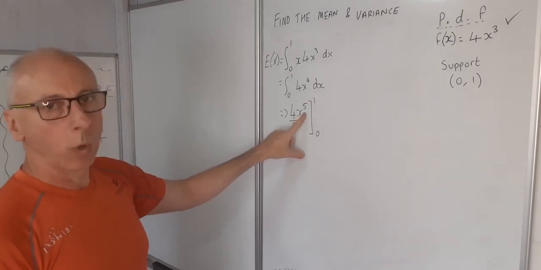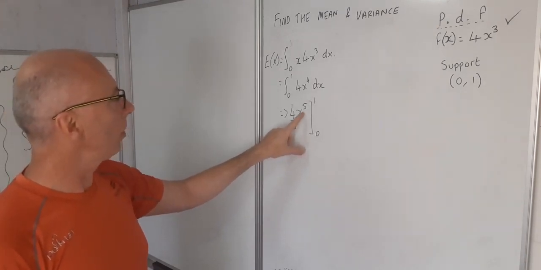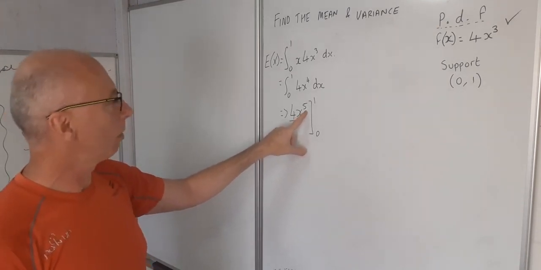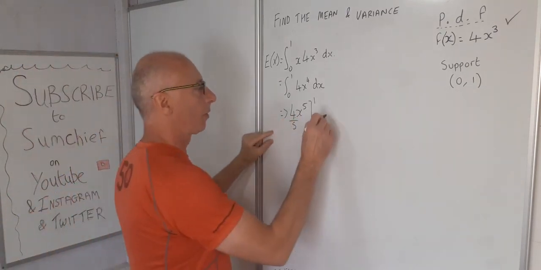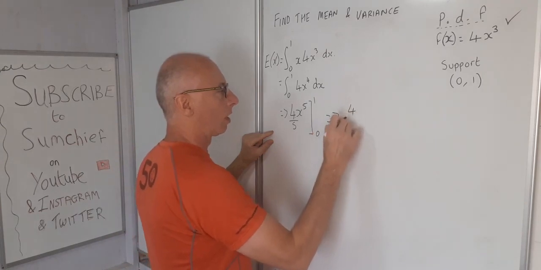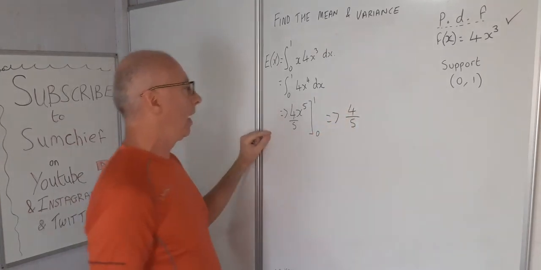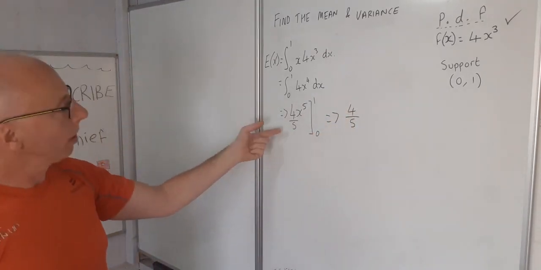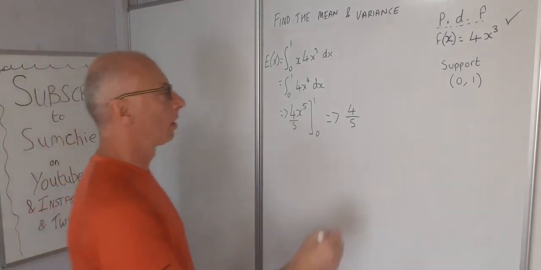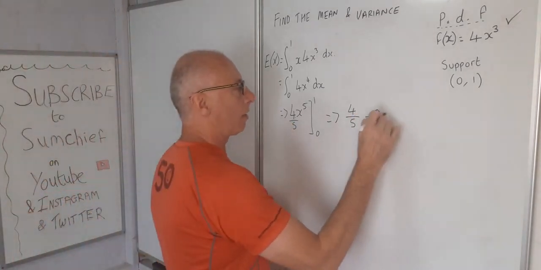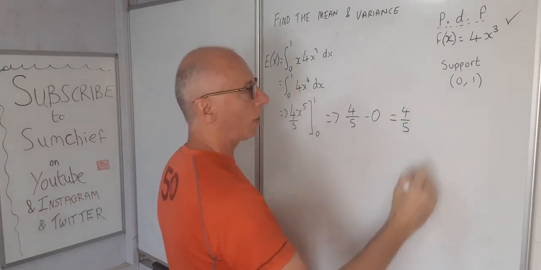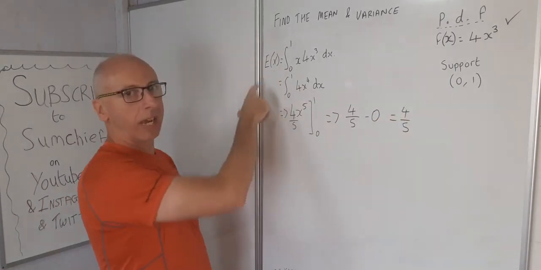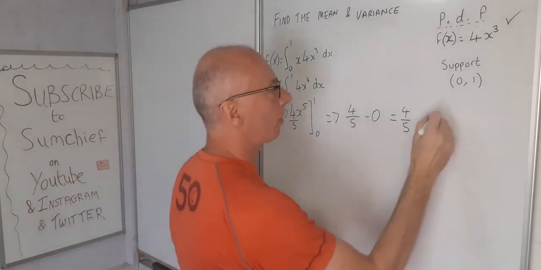Okay, so let's plug in a 1. So if x is 1, x to the 5, that becomes 1 to the power of 5, which is just 1. So that now becomes 4/5. And if x is 0, then this simply becomes 0. So that's minus 0. So then that gives us 4/5. So I'm going to write on here now, our expected value of x is 4/5.